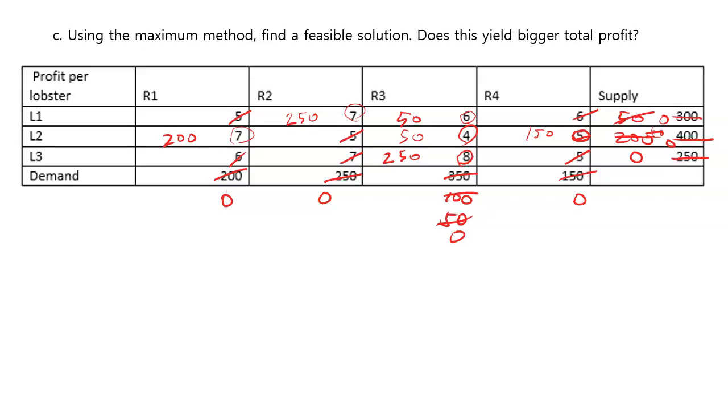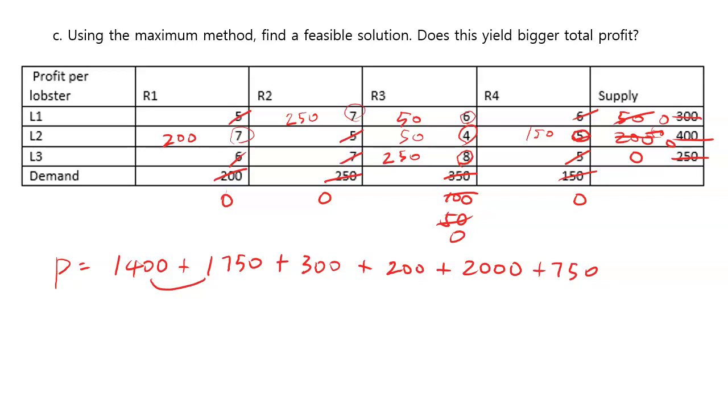So the total profit is 200 times 7 is 1400, and 250 times 7 is 1750. 50 times 6 is 300. 4 times 50 is 200. 8 times 250 is 2000. And 5 times 150 is 750.